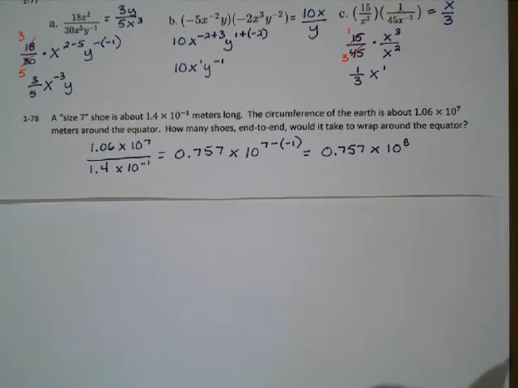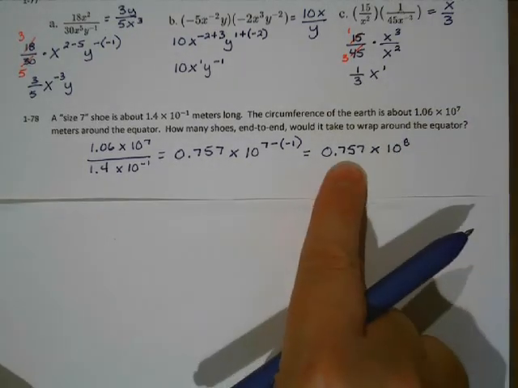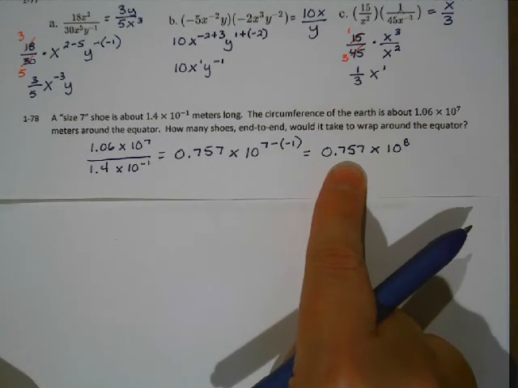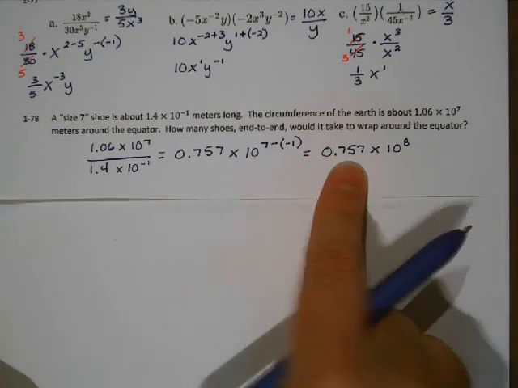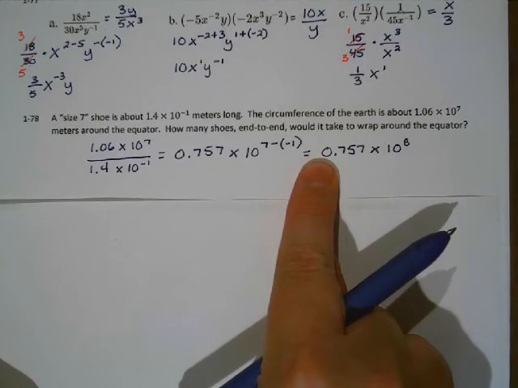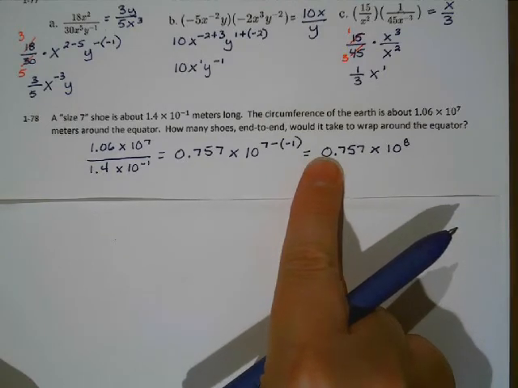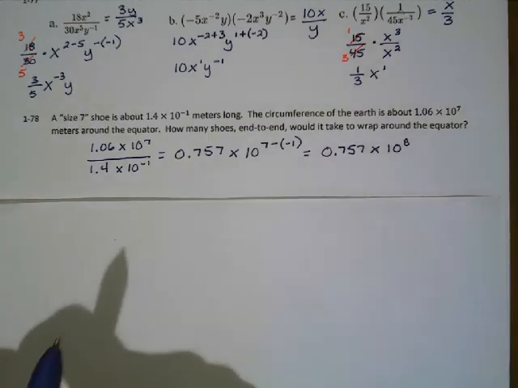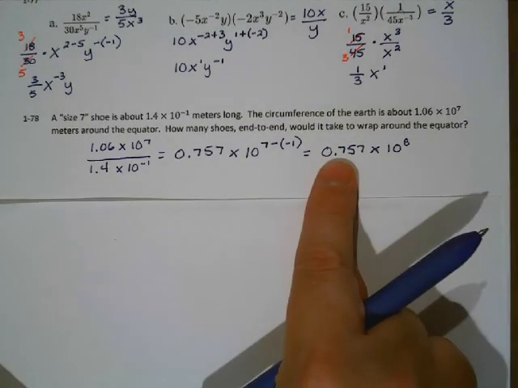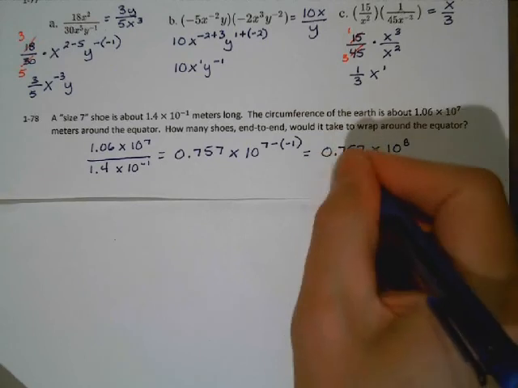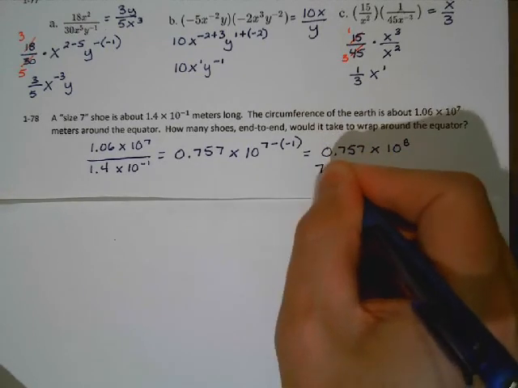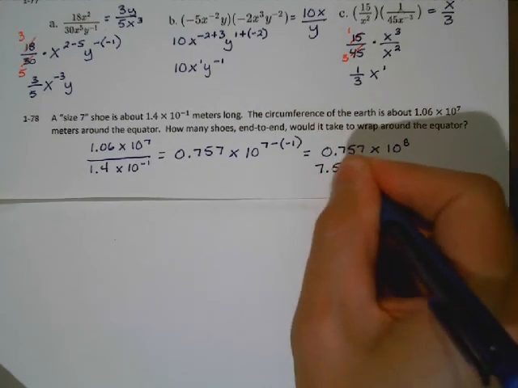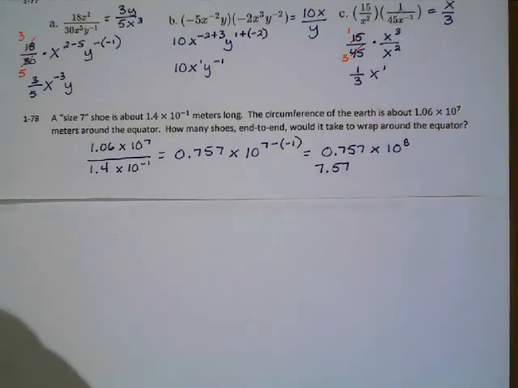Now, question, is this proper scientific notation? Answer, no, it's not, because our first integer needs to go in the ones place. So this 7 needs to be moved over there. So how can I rewrite 0.757 if I move it over? 7.57. So that's what it needs to look like.